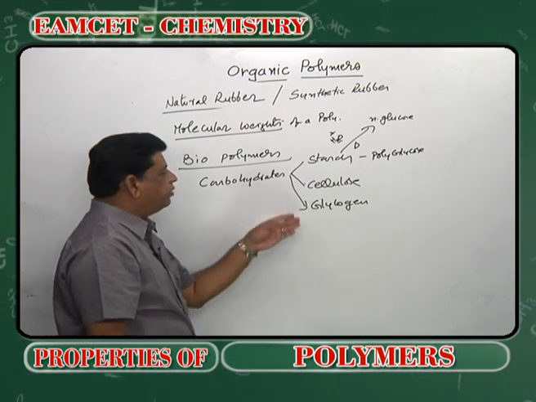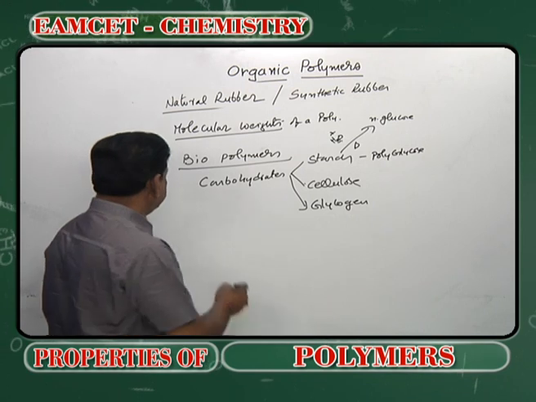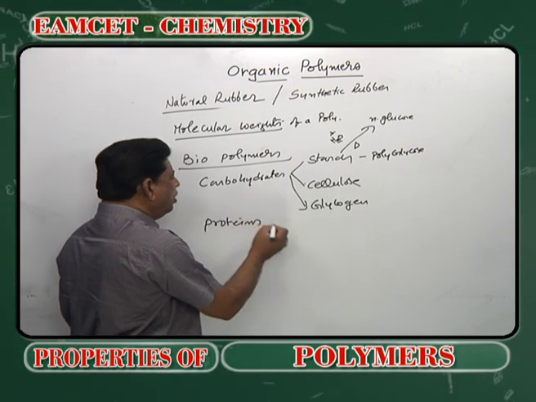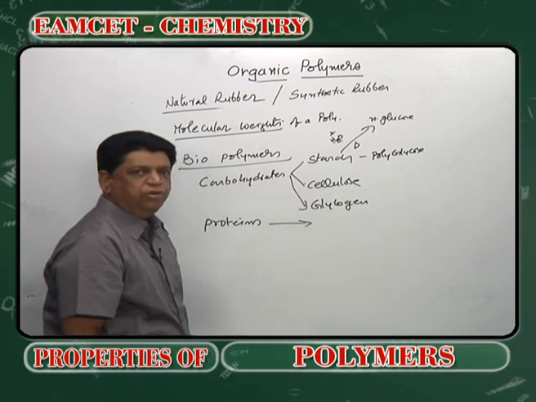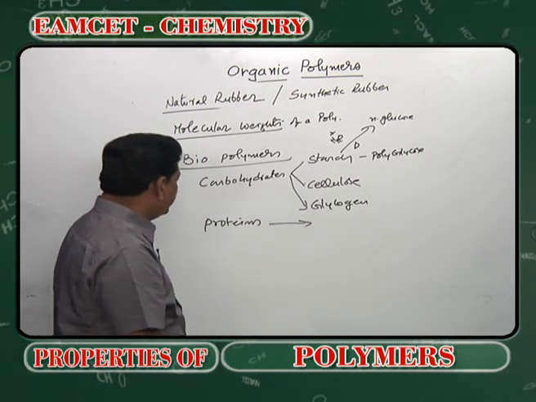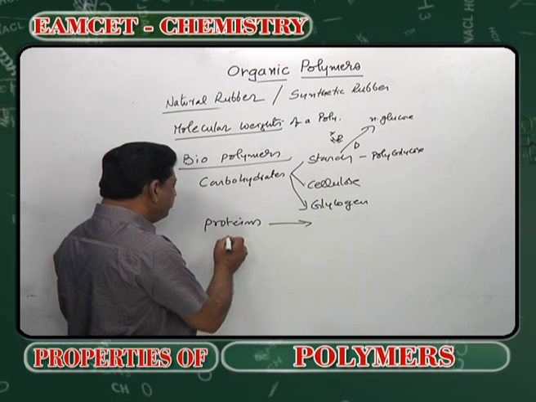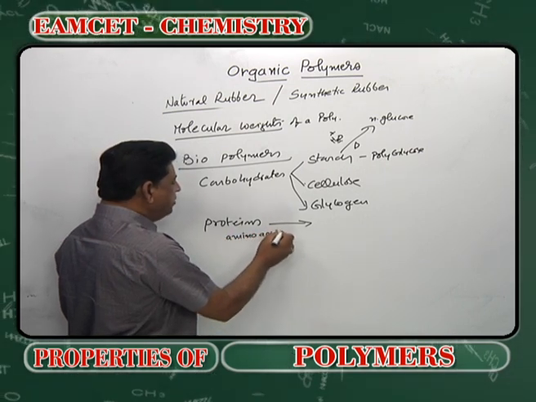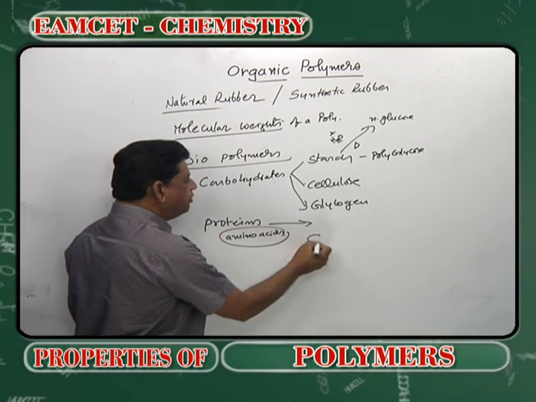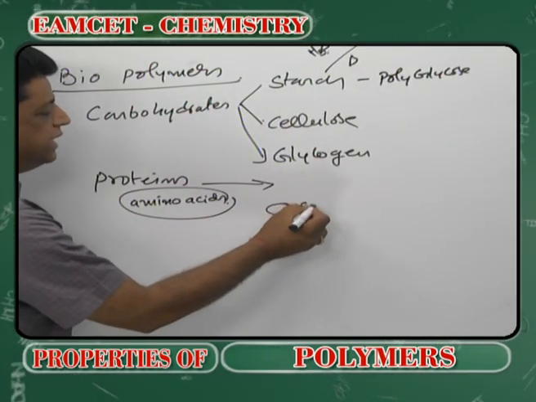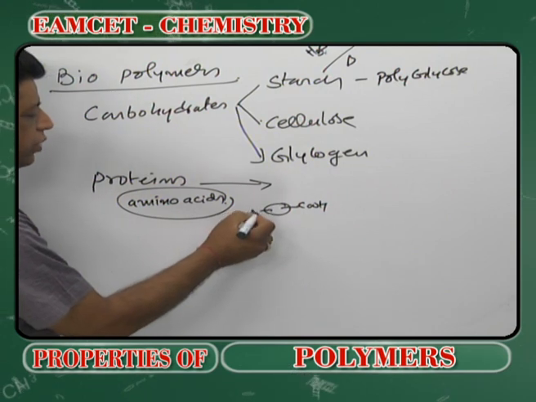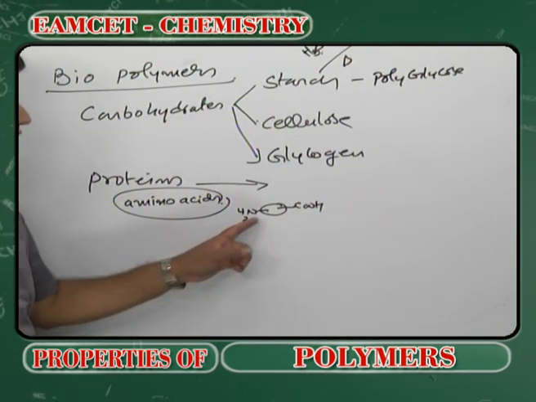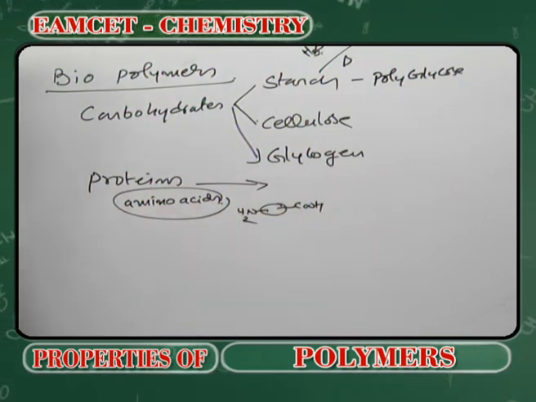Carbohydrates are a huge number of biopolymers. Proteins are also long chains, made up of so many amino acids joined together. An amino acid is built up with two functional groups, a COOH and an amino group, NH2.